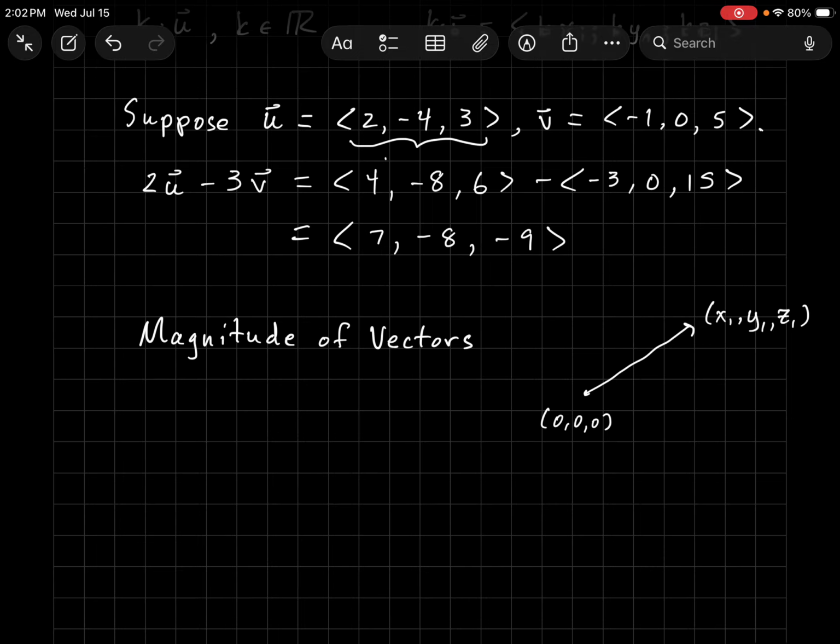Well, the length of that vector, which we called rho squared, is the three-dimensional or generalized Pythagorean theorem. So the distance, or the length, rho squared, equals x squared plus y squared plus z squared.